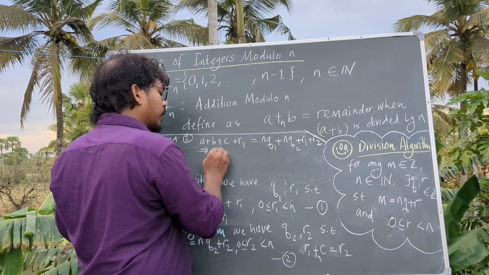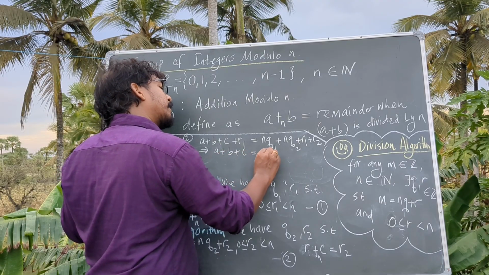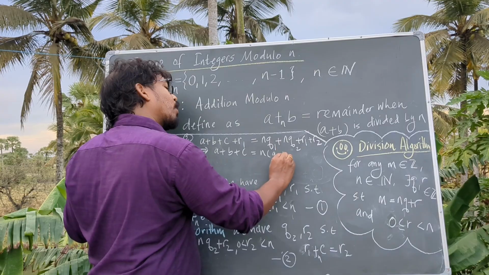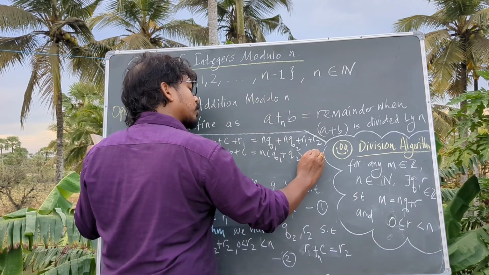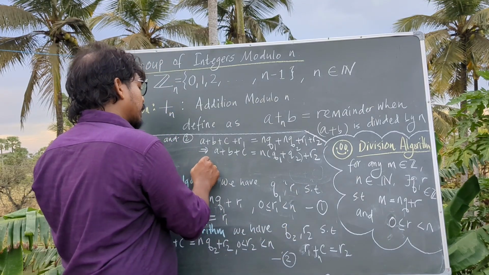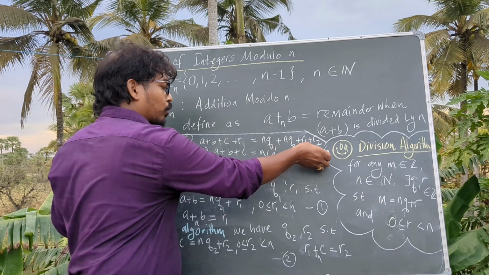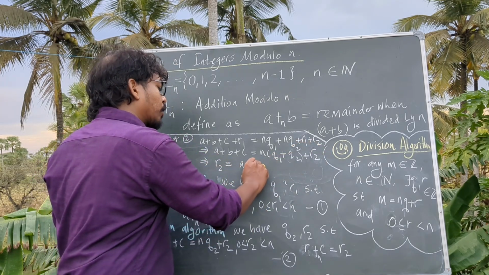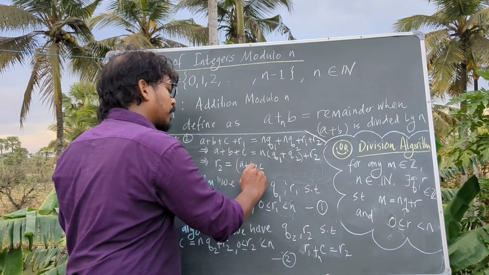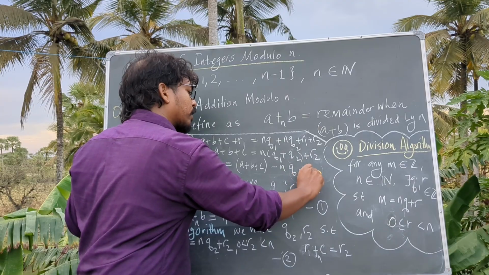Now we have A plus B plus C is n times Q1, Q2 plus R2, and keep R2 on one side. R2 is what? R2 is A plus B plus C minus n Q1.